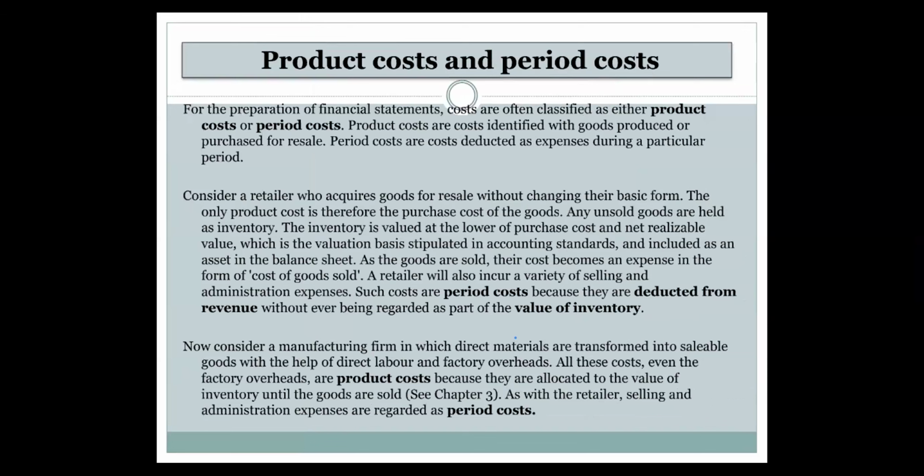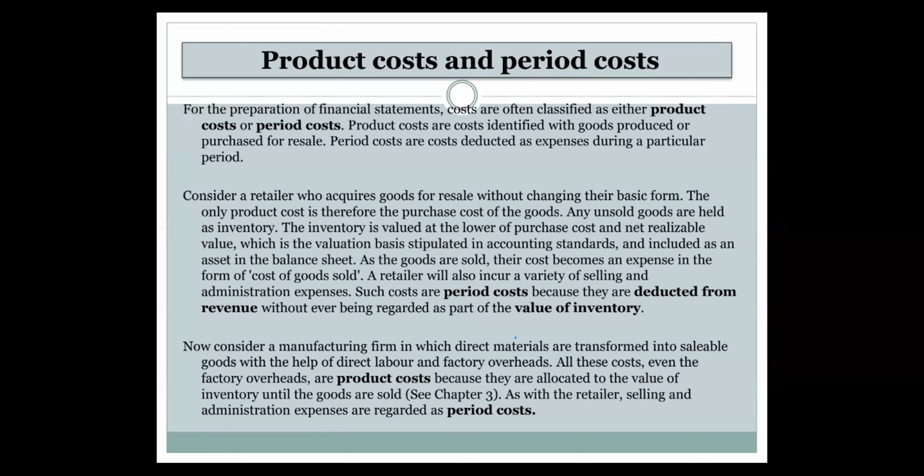Now, we will discuss product cost and period cost. For the preparation of financial statements, costs are often classified as product cost and period cost. Product costs are costs identified with goods purchased, as we know. We already discussed it.